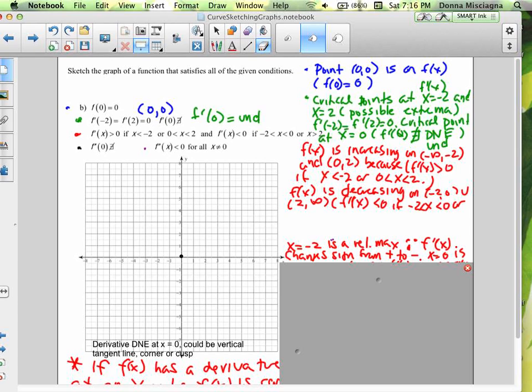Okay. So we had critical points at -2, 0, and 2, right? At 0, it's undefined. Less than -2, it was positive.